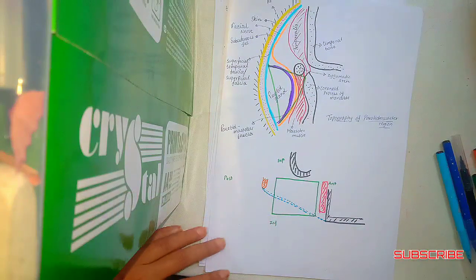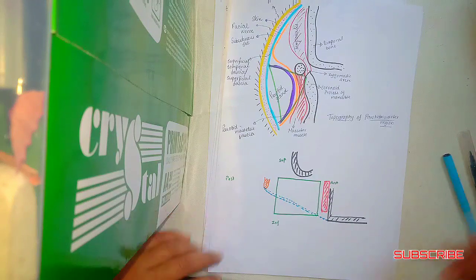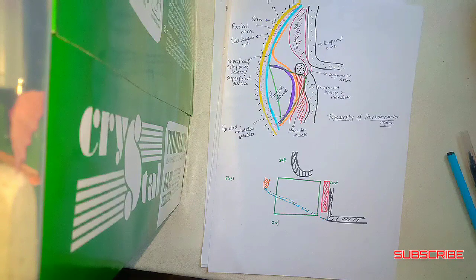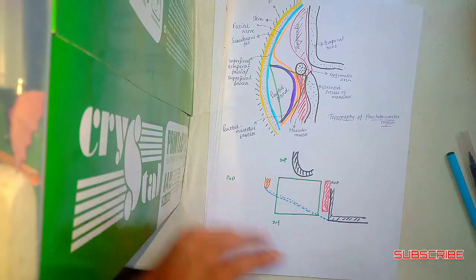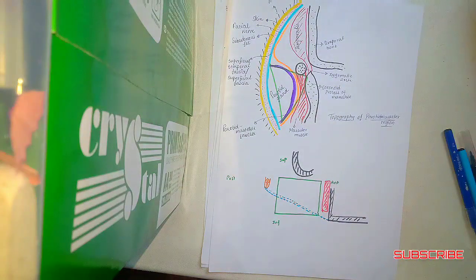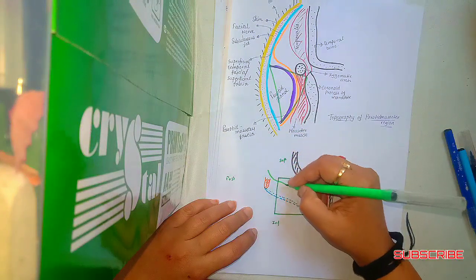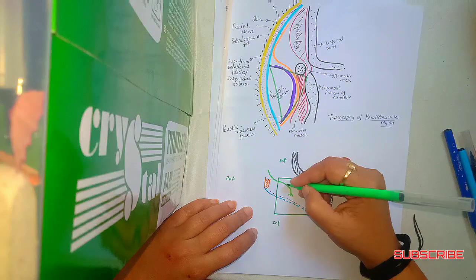Don't confuse it with the blue color, let me take another color, light green. So the facial nerve will emerge from posteriorly to here.